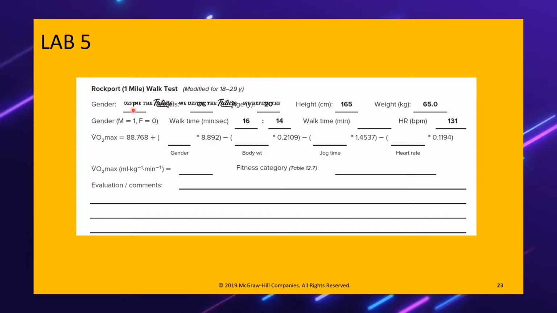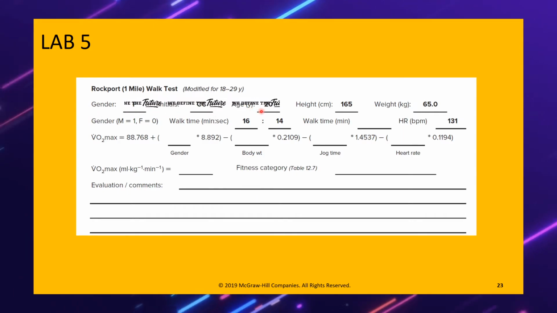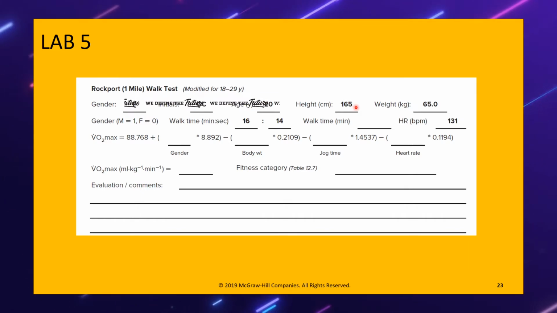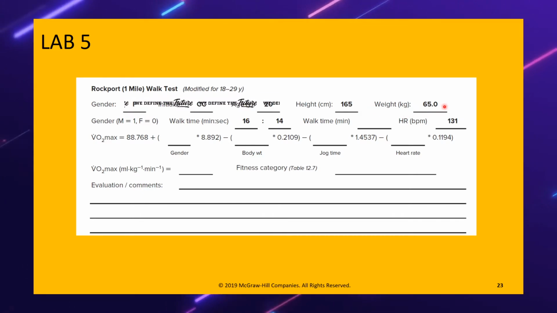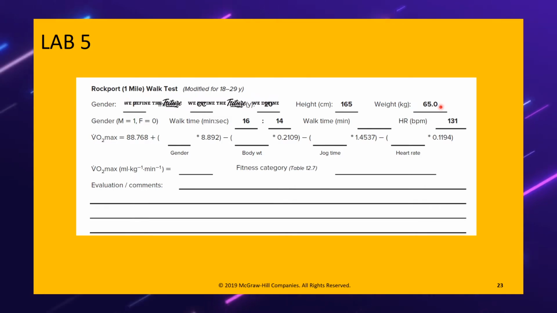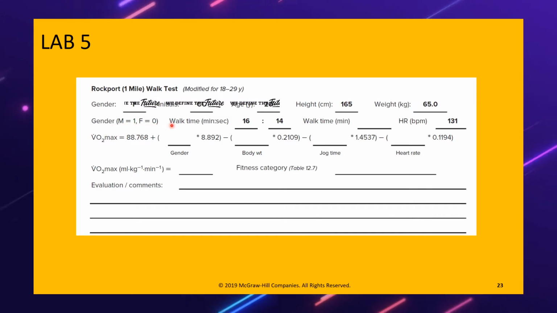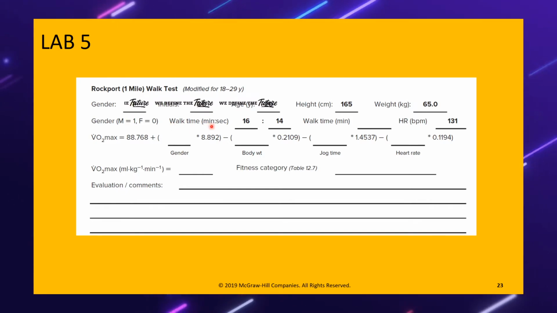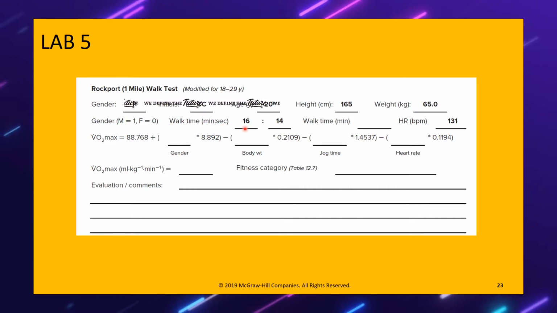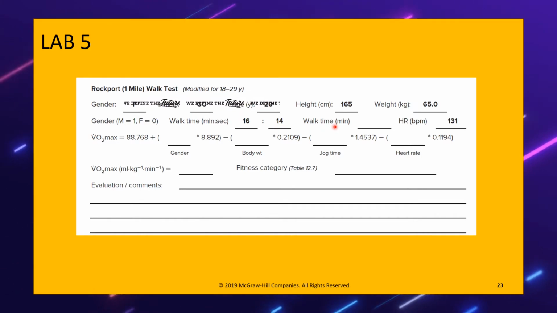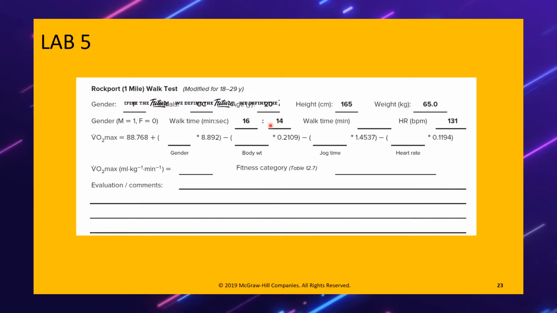So gender, we have a female, we have some initials. Age group is 20. The height is 165 centimeters and the weight is 65 kilograms. Again, we're going to categorize males as 1, females as 0s. Their walk time in minutes and seconds was 16 minutes and 14 seconds. Again, we need to convert that, really dealing with that 14.